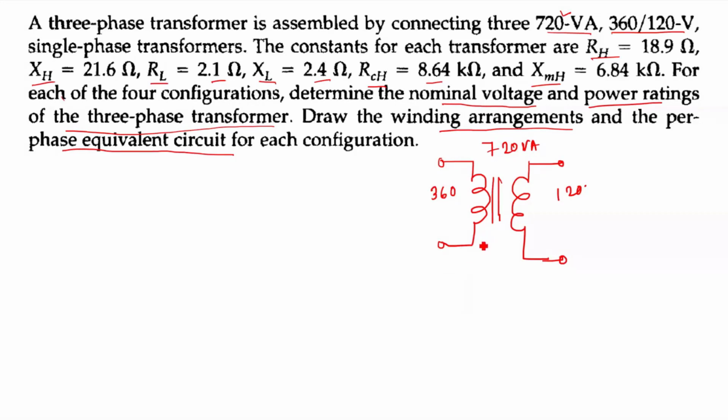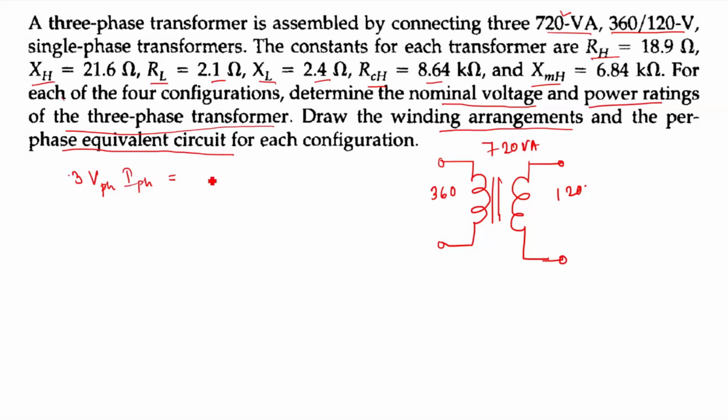So first coming to the power rating. What will be the power rating of the three-phase transformer? If a single-phase transformer is 720 VA, then three single-phase transformers are connected together. If we use the per phase voltage and current relation, then for a three-phase transformer it becomes 3 VPH IPH, right?